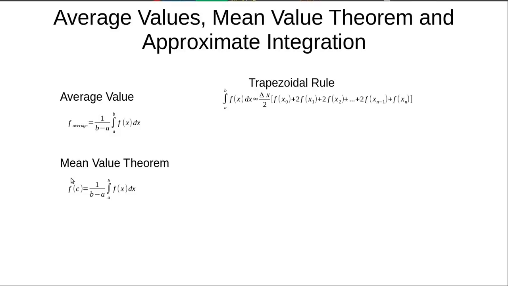And it's basically taking the average rectangle height. And the mean value theorem says that there will be some value on your original function that is that average rectangle height. And approximate integration is a way to approximate the integral without having to do a Riemann sum.